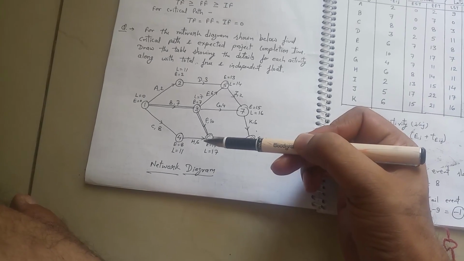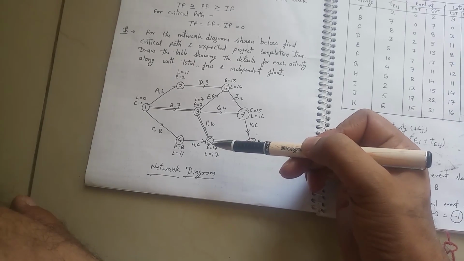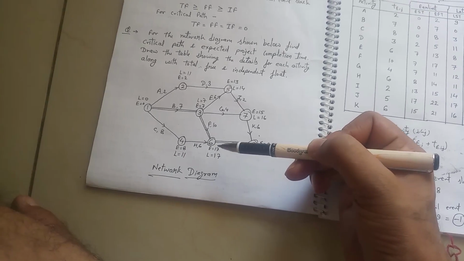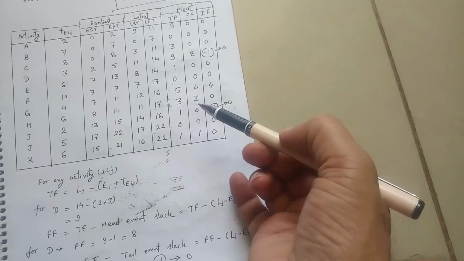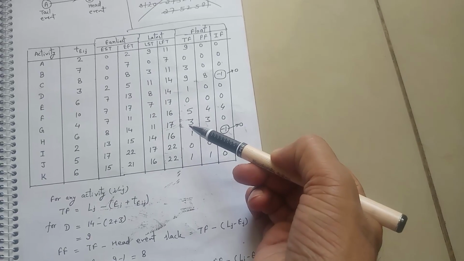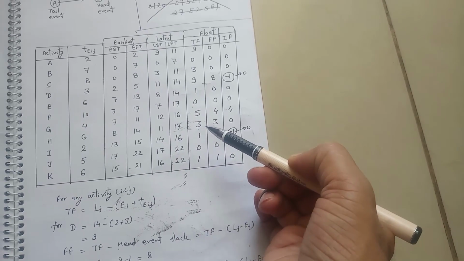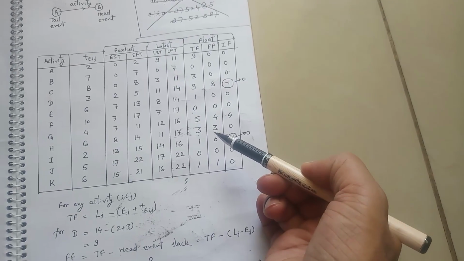For activity H, the head event slack, the difference between latest minus earliest, is 0. So from the table, free float is equal to total float minus head event slack, 3 minus 0, which is equal to 3.